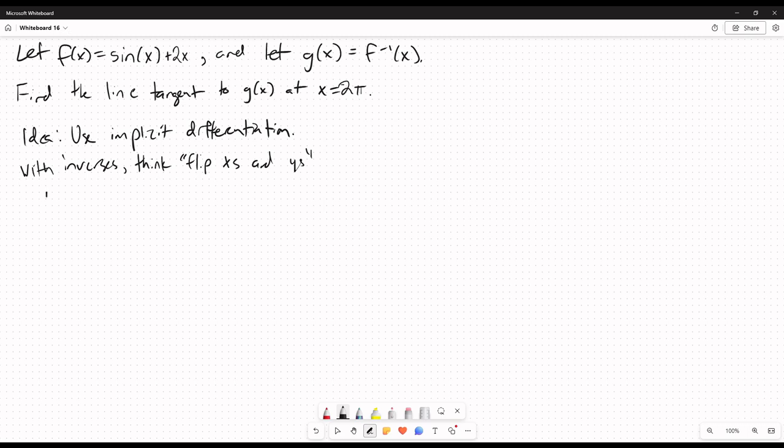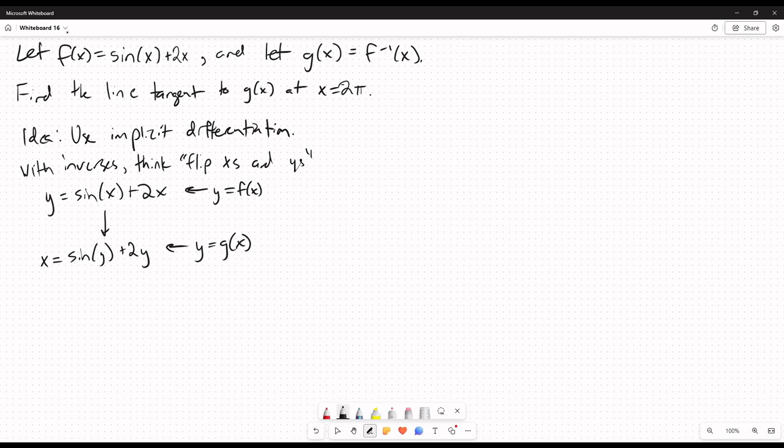We can start with y equals sine of x plus 2x, and then we're going to flip over to x equals sine of y plus 2y. Just as a small note, this equation represents y equals f of x. This equation represents y equals g of x. So these are two different things.